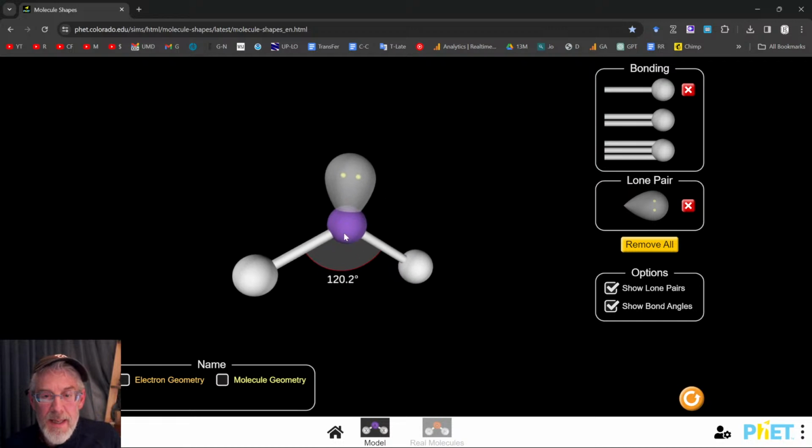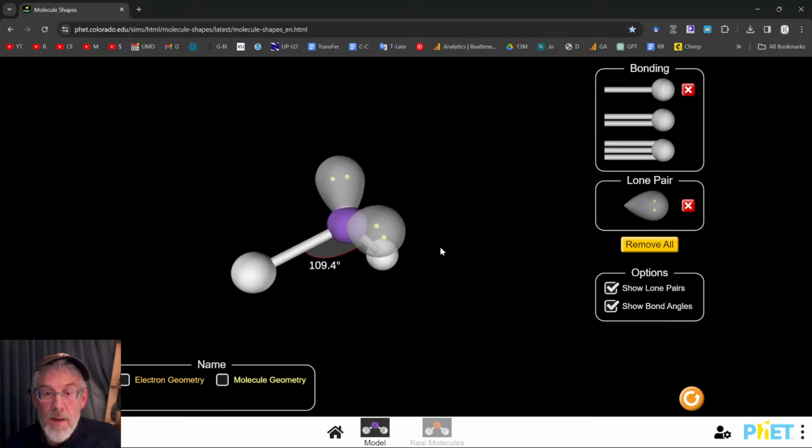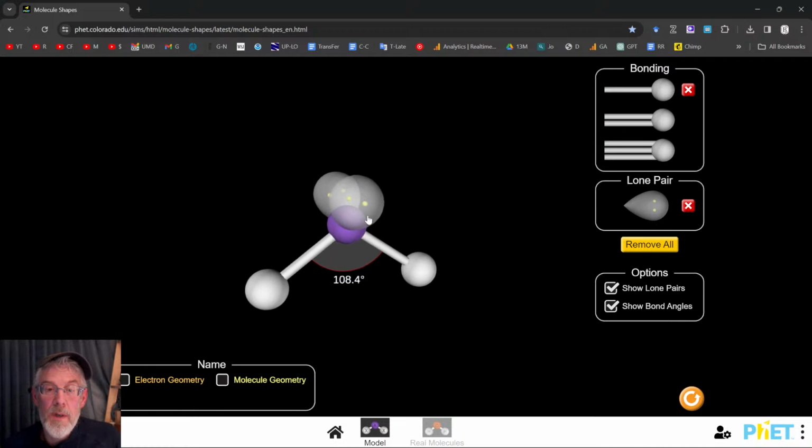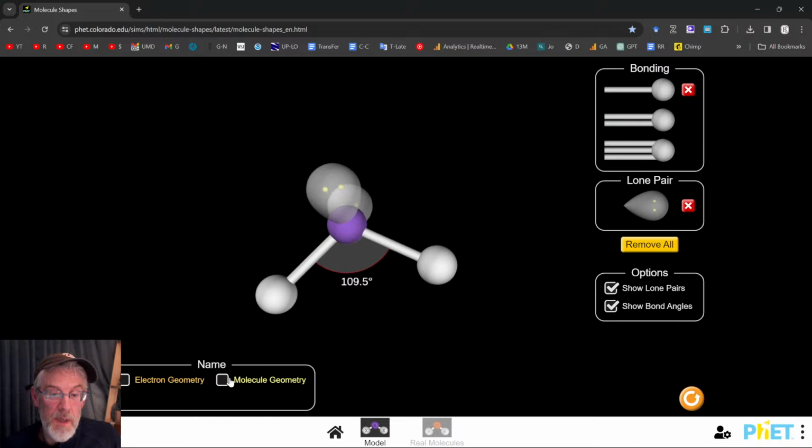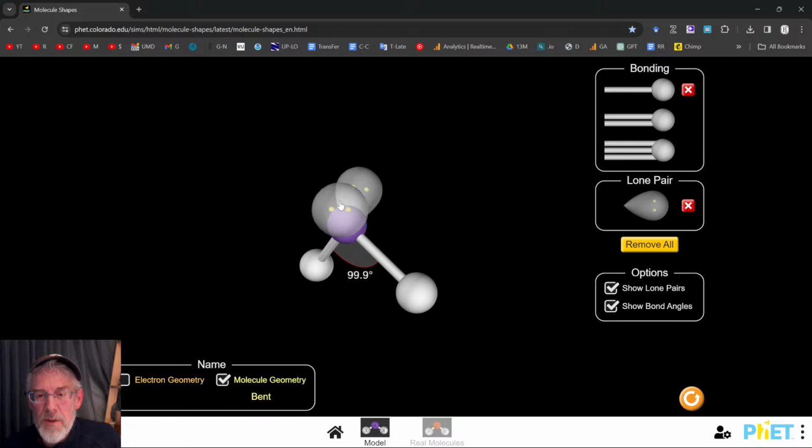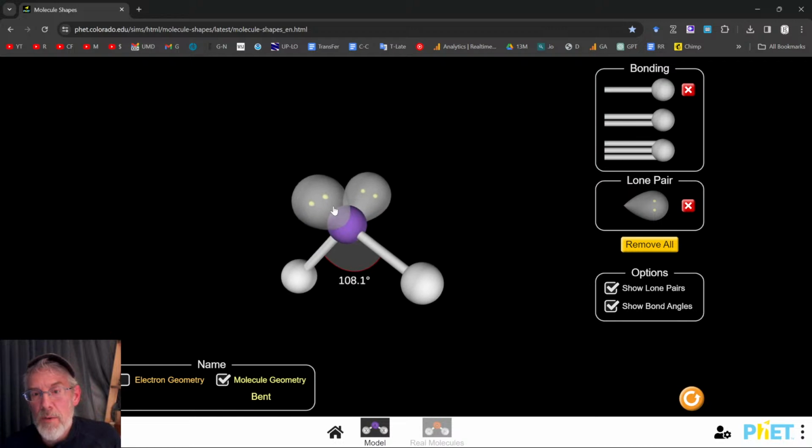It pushes everything down. So these lone pairs occupy space, and we put another lone pair, pushes it down a little bit more. So this is going to be your bent molecular geometry. And for water, it'll be 104.5, I think. So when we look at the molecular geometry of water, you have to count these lone pairs. This is what we call a bent molecular geometry.